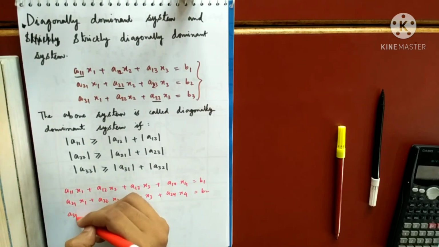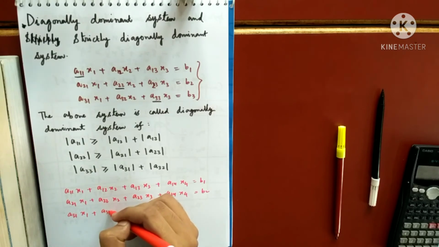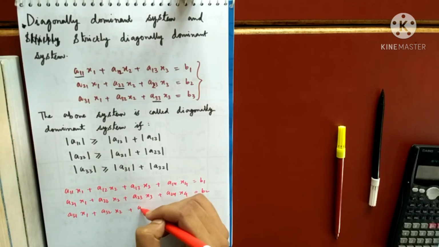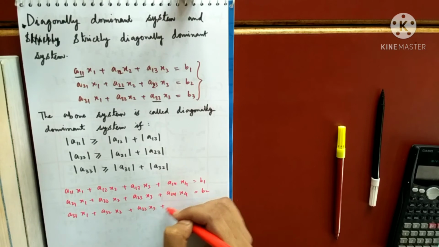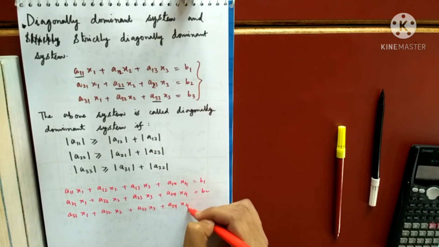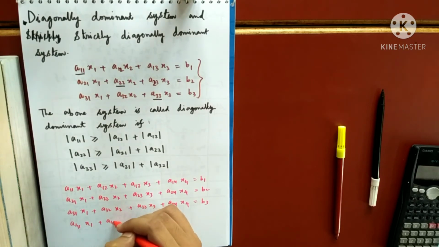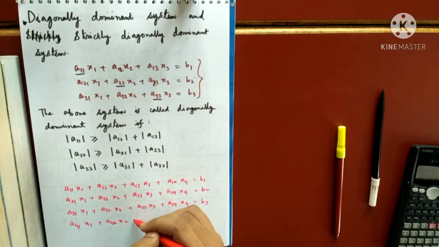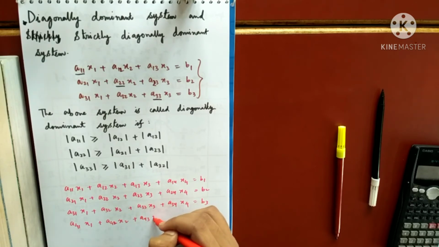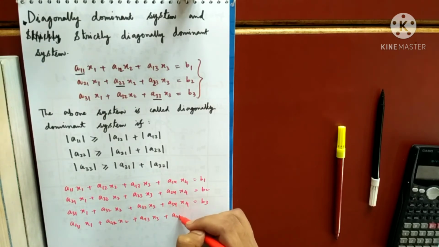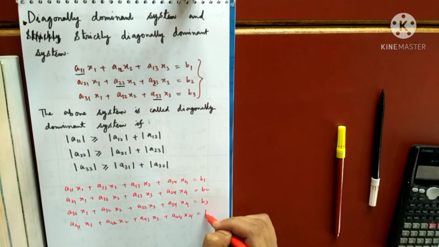And A31 x1, A32 x2, A33 x3, A34 x4, and A41 x1, A42 x2, A43 x3, A44 x4 equals B4.